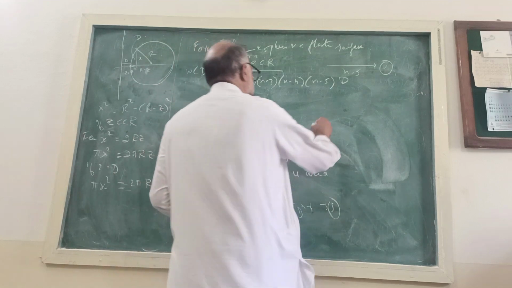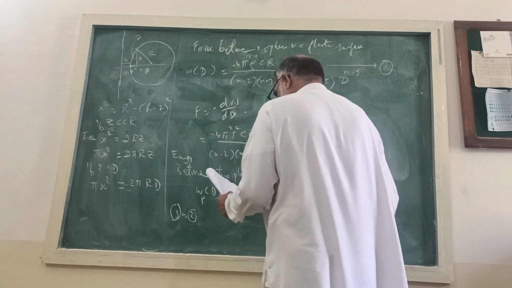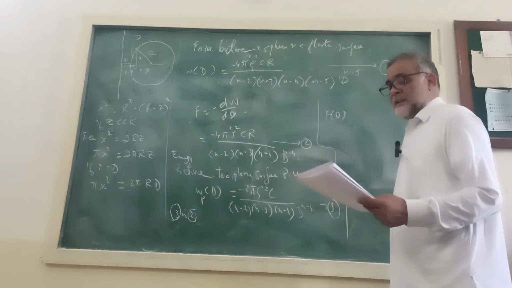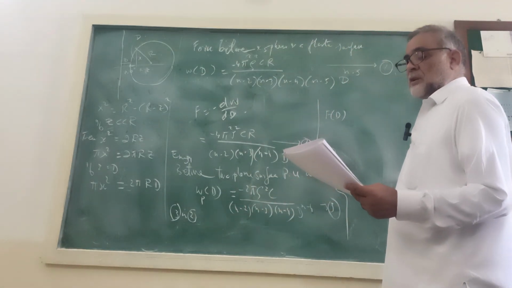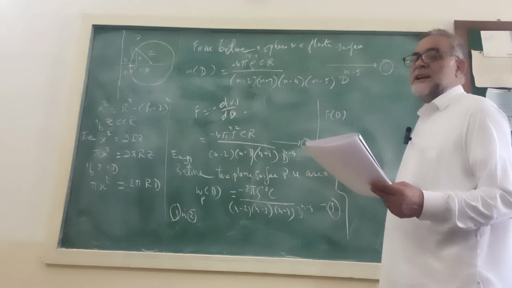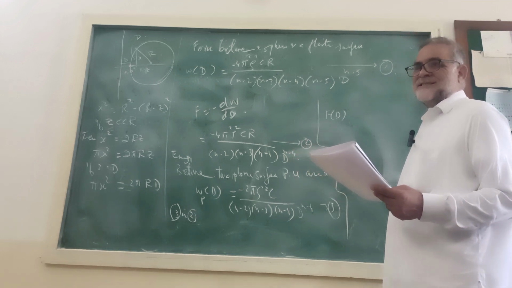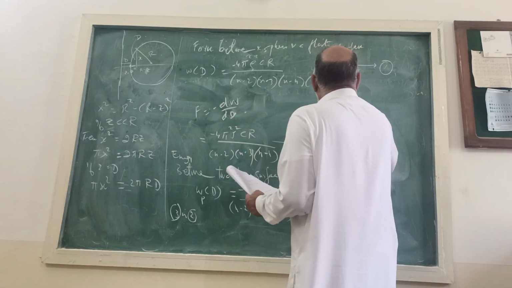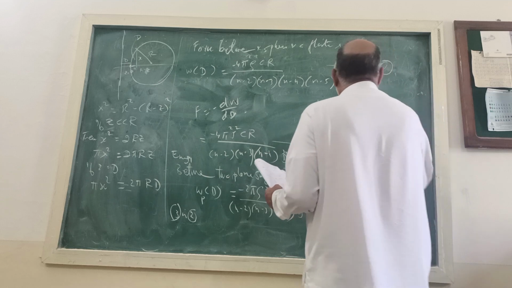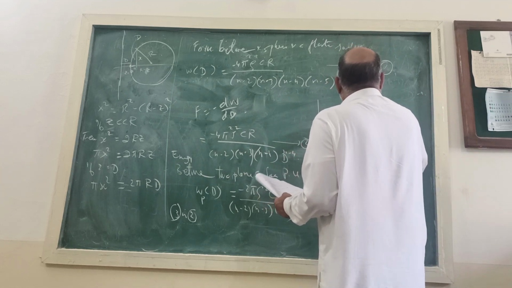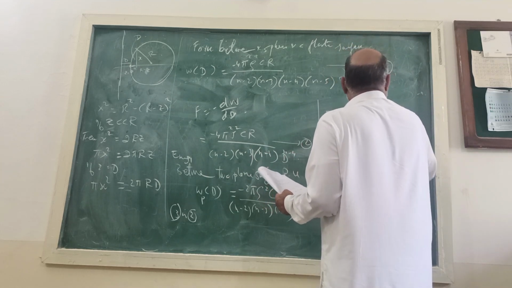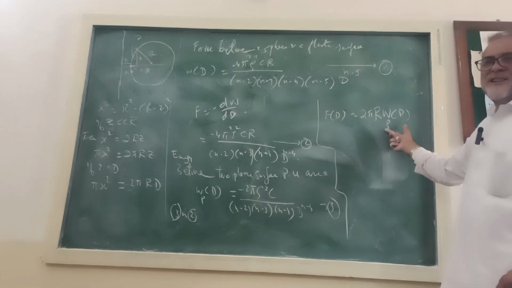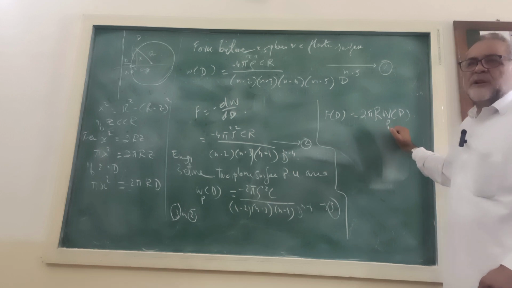So we get the force F between a sphere and a plate surface equal to 2 pi R and W in terms of the plane surfaces.